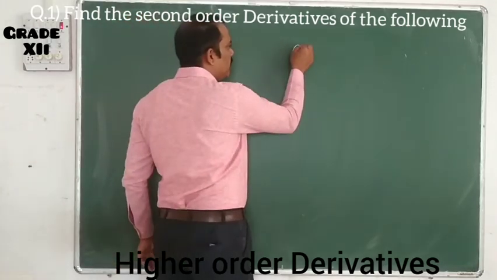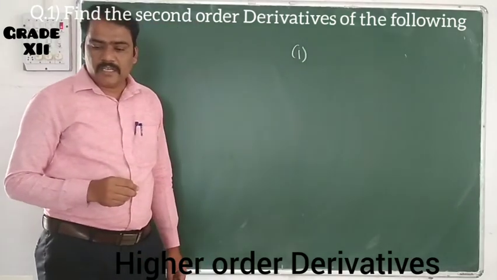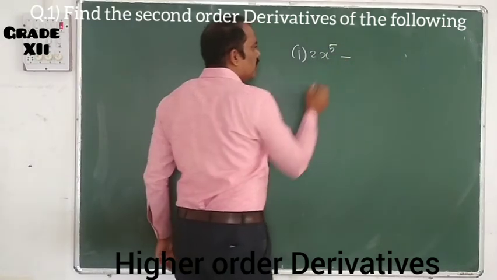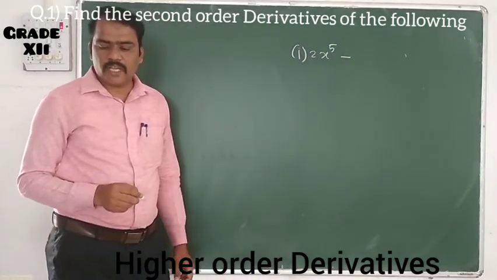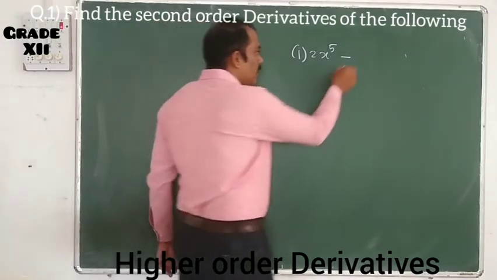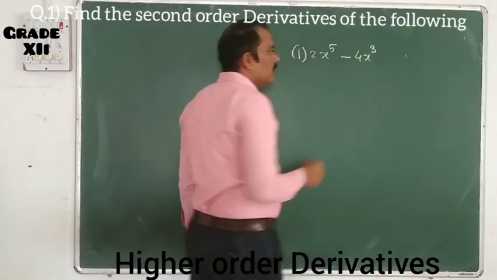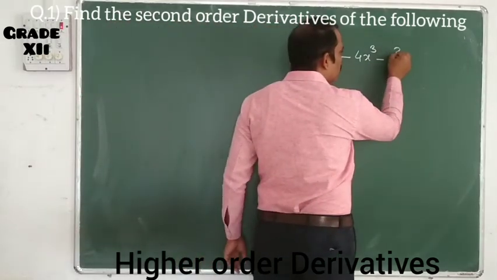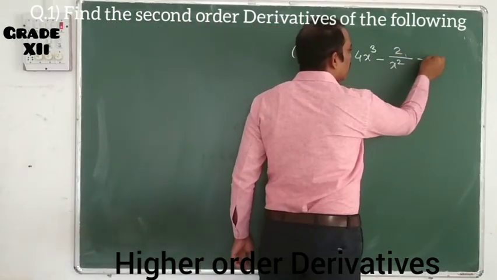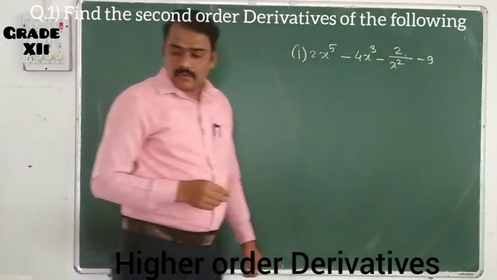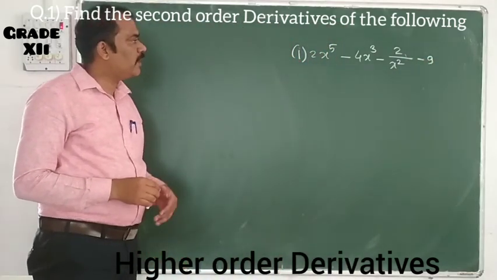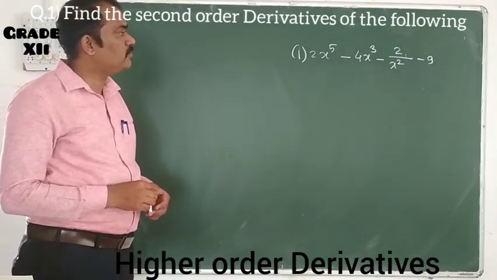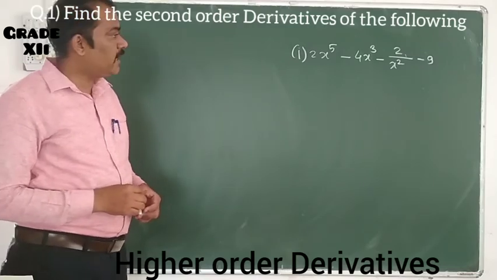What is that example number 1? See here, example number 1 is 2 times x raised to 5 minus 4 times x cube minus 2 divided by x square minus 9.